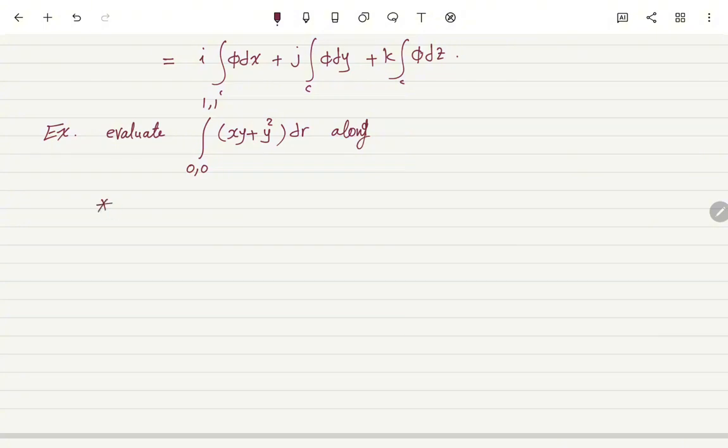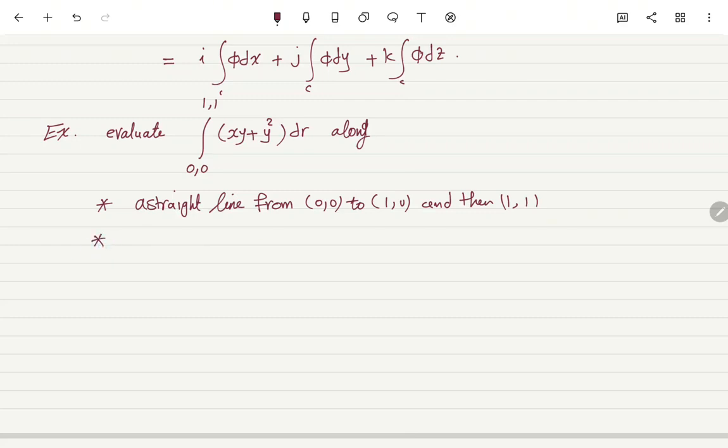First, a straight line from 0 0 to 1 0 and then 1 1.